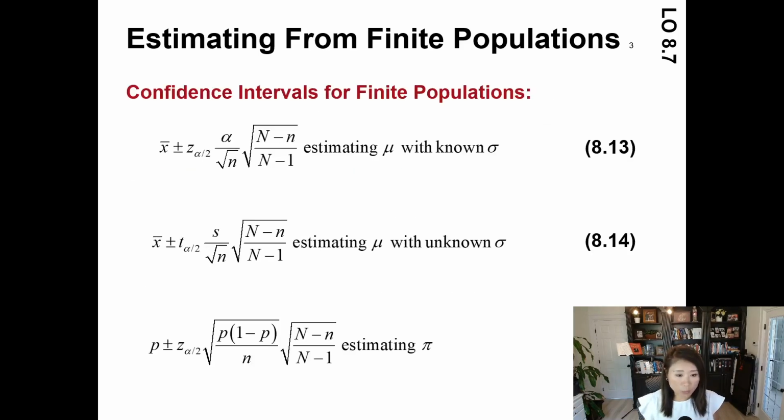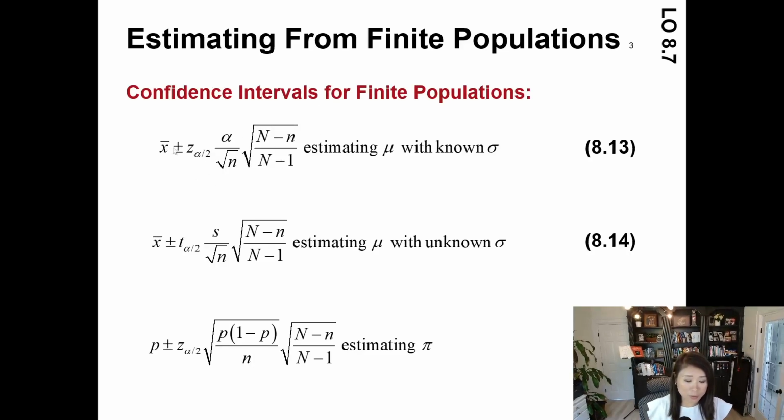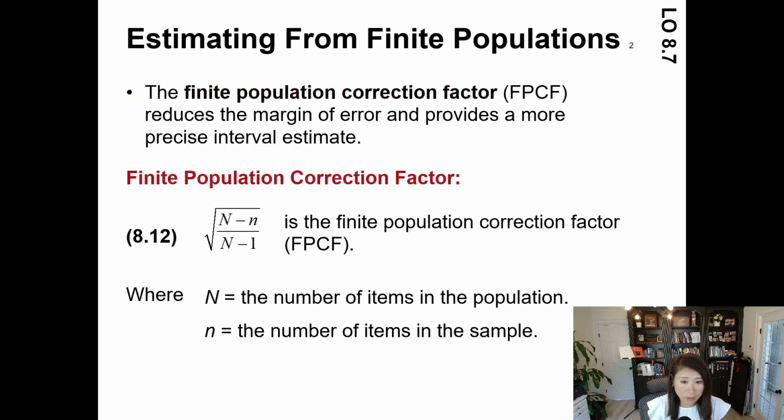What we're going to do is take our margin of error, which is after the plus-minus sign, and multiply what we already have by the square root of capital N minus small n divided by capital N minus 1. So that's what we're going to use for our finite population correction factor.